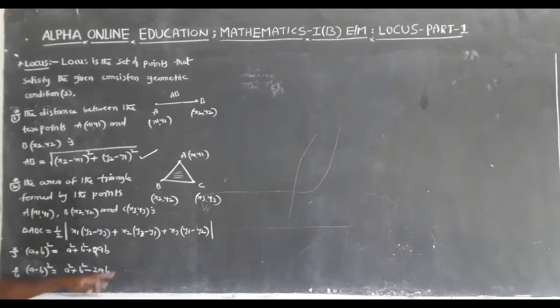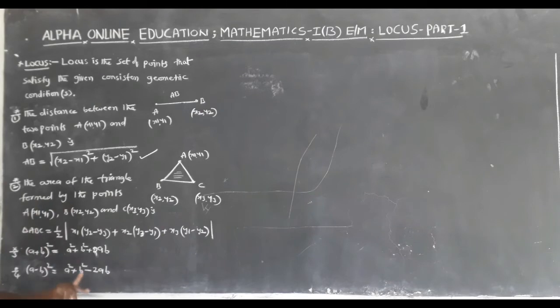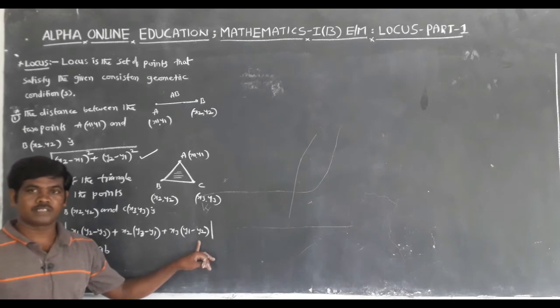Second one is the area of the triangle formed by the 3 points, 1 by 2 mod of x1 into (y2 minus y3) plus x2 into (y3 minus y1) plus x3 into (y1 minus y2).